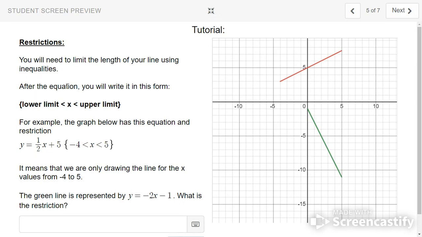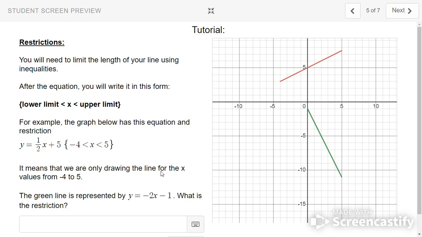Here are the restrictions. When we're talking about restrictions, you see that this line stops. And in class, we've always said that lines continue on to infinity. However, this one, you see that the minimum x value is -4, and the maximum x value is 5.